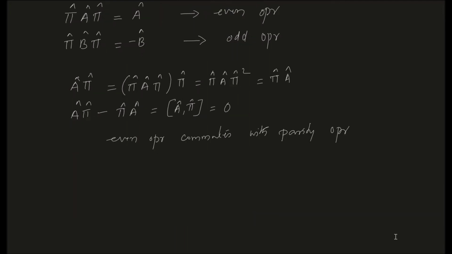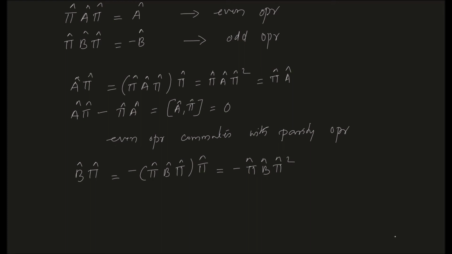Now let's consider an odd operator B, then let's say B pi. By definition, this is same as minus pi B pi pi, so this is minus pi B times the square of the parity operator.